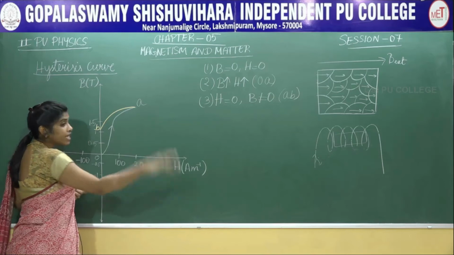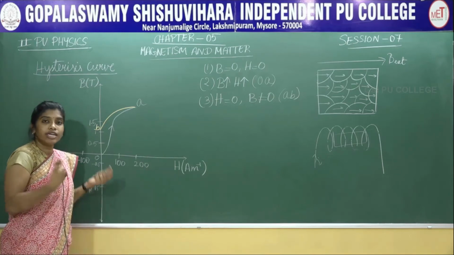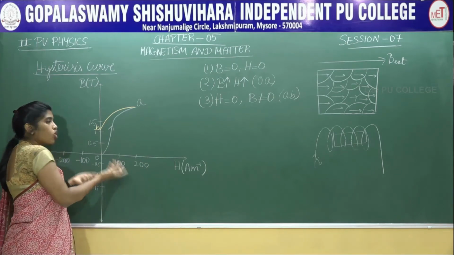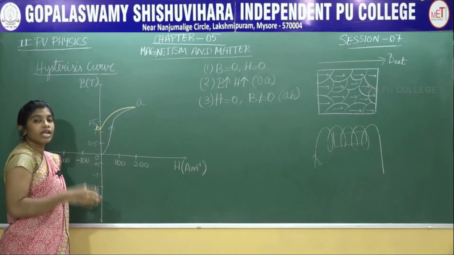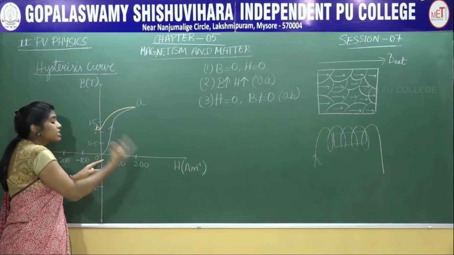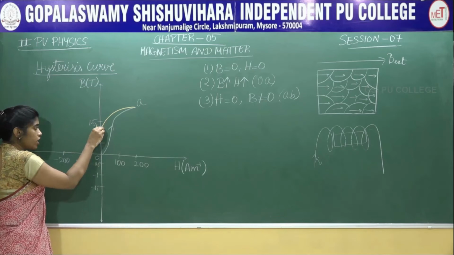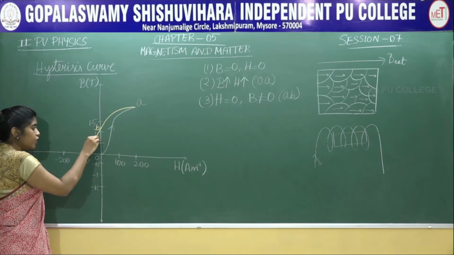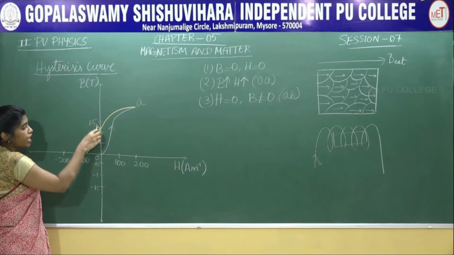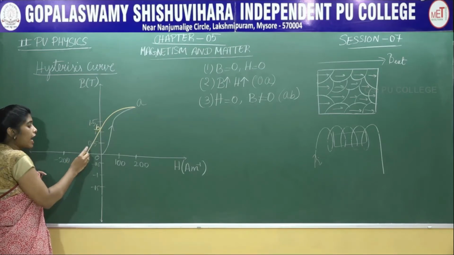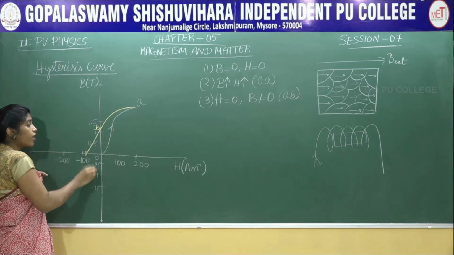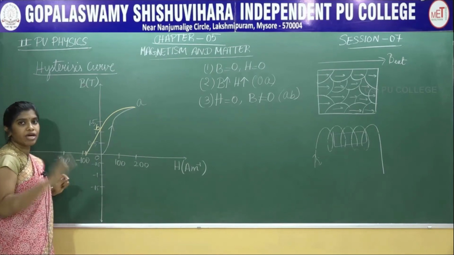I am going to further decrease the value of H. Further decreasing in the sense, H has already become 0. Now, I am going to reverse the current. Here, we are going to reverse the value of H. As you reverse the value of H, the value of B also decreases and it reaches a point where the magnetic field has become 0.